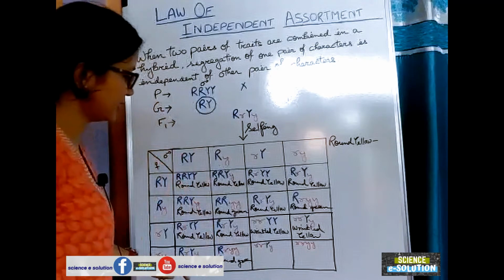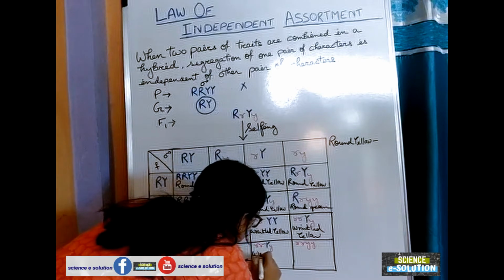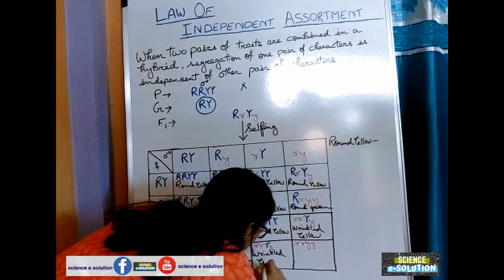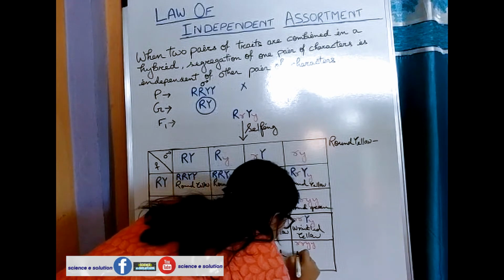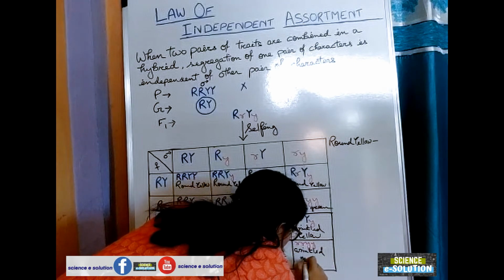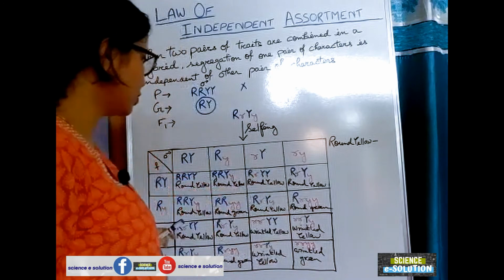You can get it here. This is round but green. This one is wrinkled yellow. And this one is wrinkled green. Okay, so you are getting 16 progenies here.